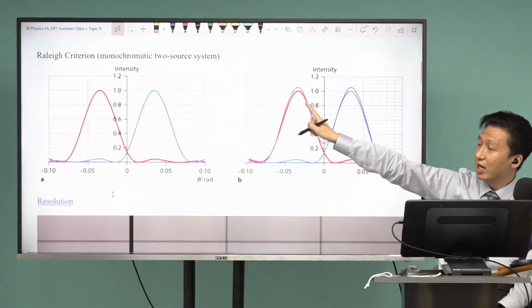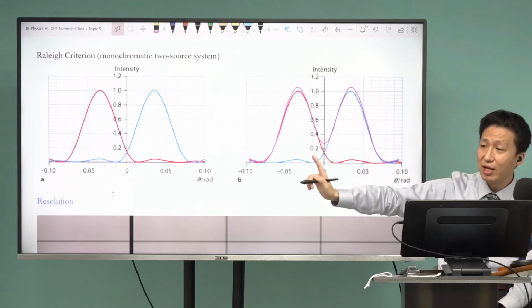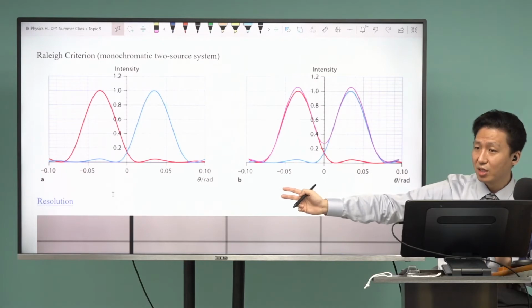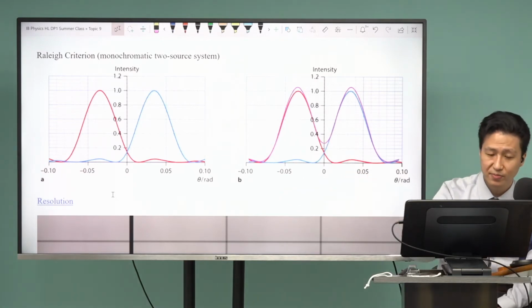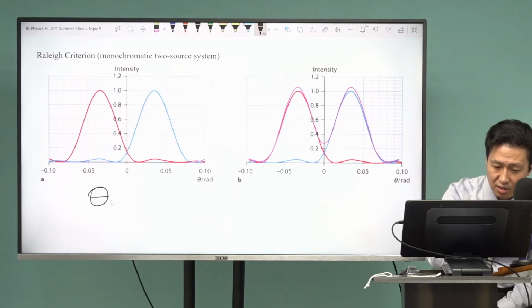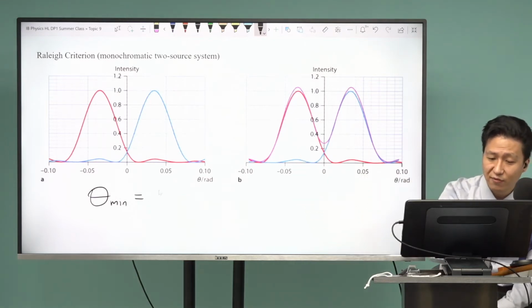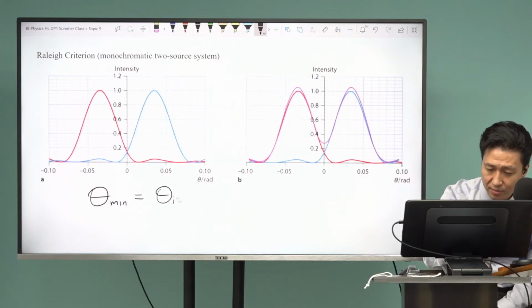And we call this the Rayleigh criterion, right? The criterion is the minimum angle where you can still tell them apart. And below that angle, you cannot tell them apart. So before we see this in a graph, let's define this criterion: the minimum angle is going to coincide with what we call the first minimum. So it's the first minimum for single slit diffraction.